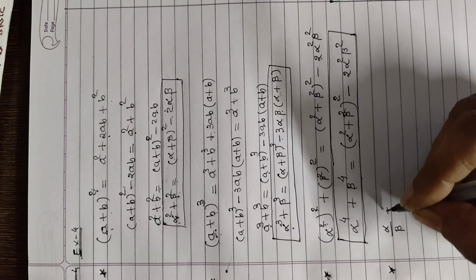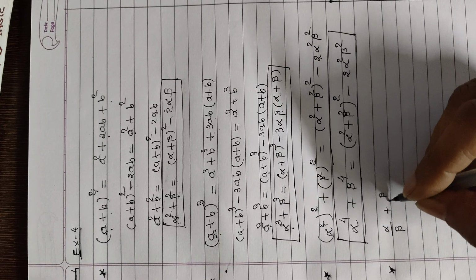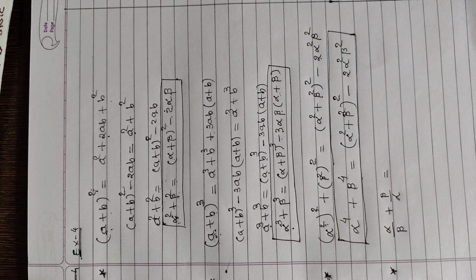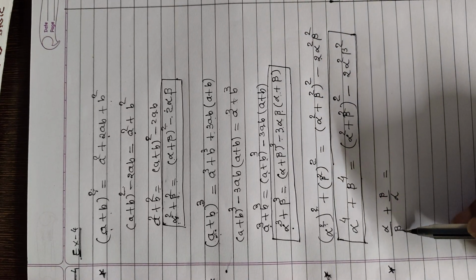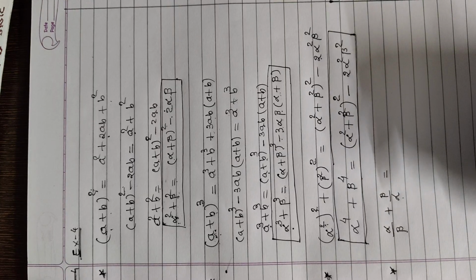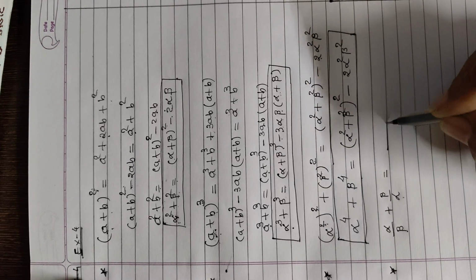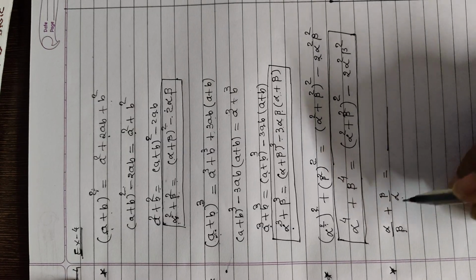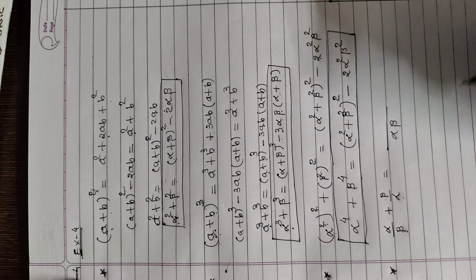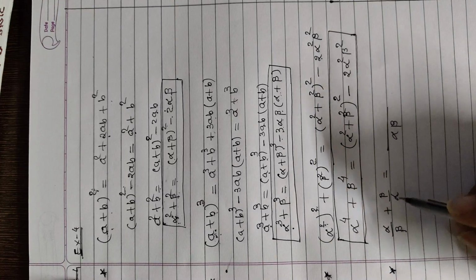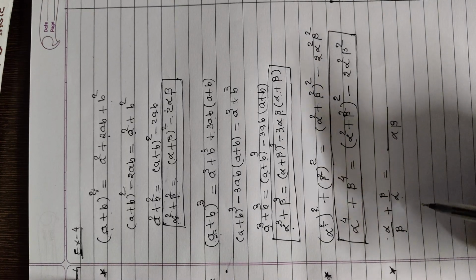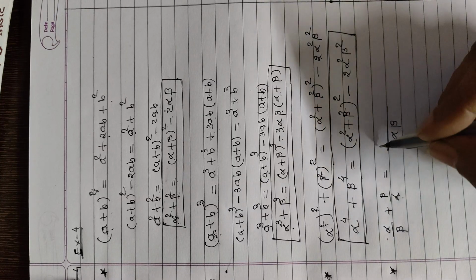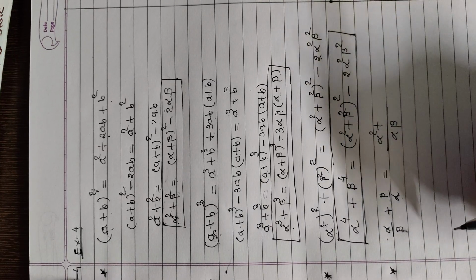Suppose you want to find alpha upon beta plus beta upon alpha. Then take the LCM. So here the LCM is alpha beta. So here cross multiplication will happen. Alpha multiplied with alpha will be alpha square.